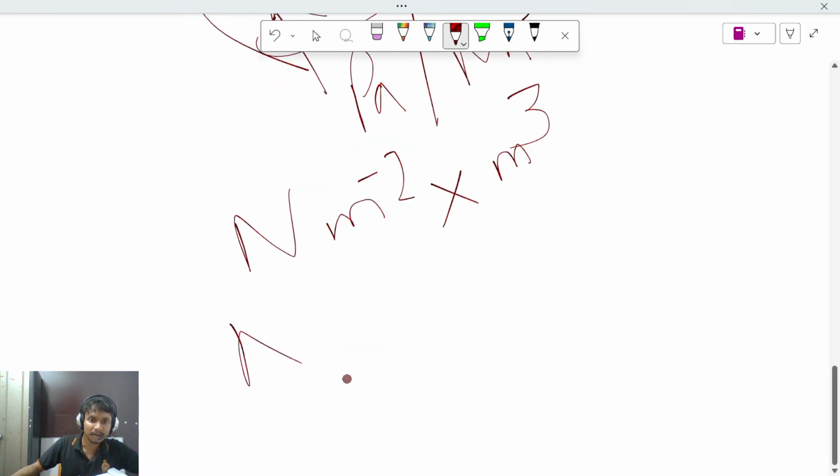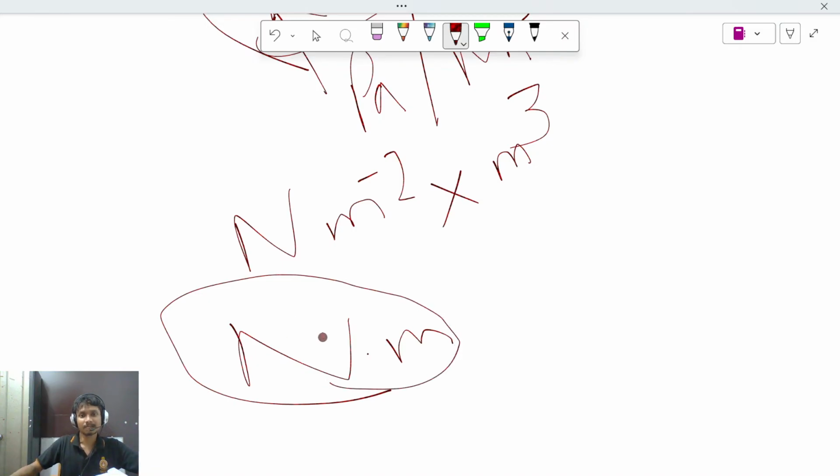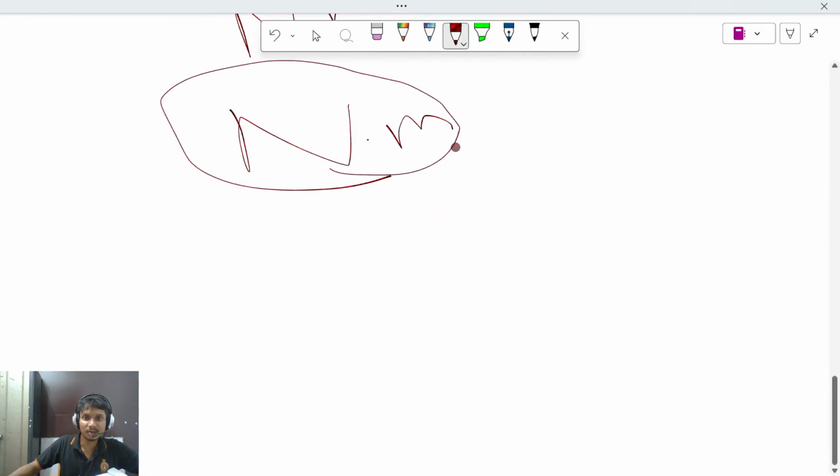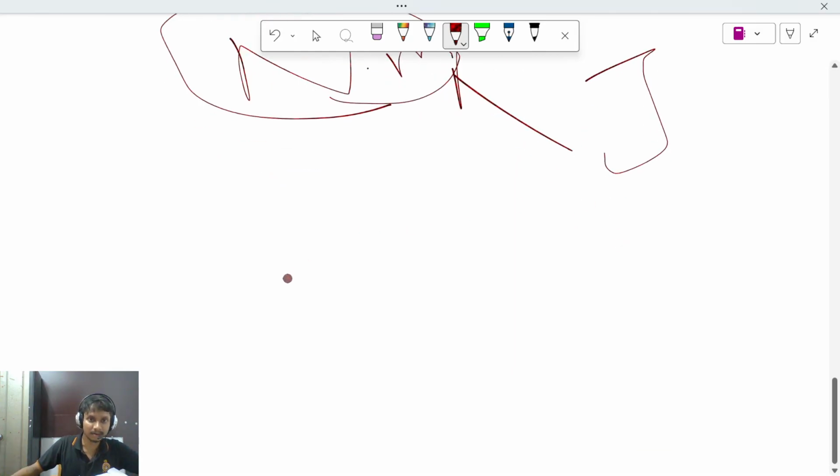Therefore, Newton meter to the power 1. We never write the subscript one. Therefore, Newton meter. What is Newton meter? Newton meter is joule.